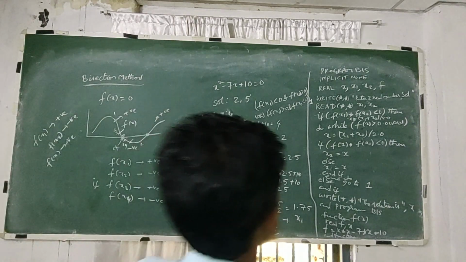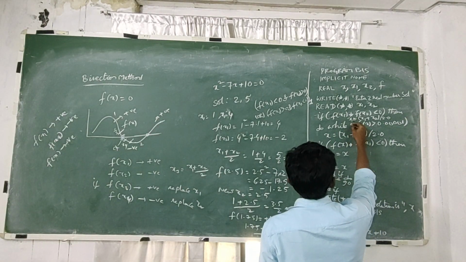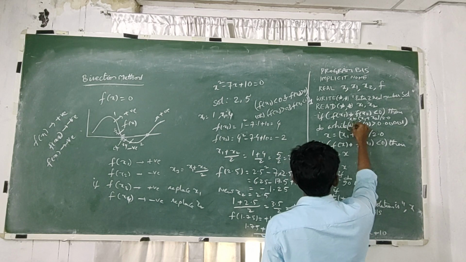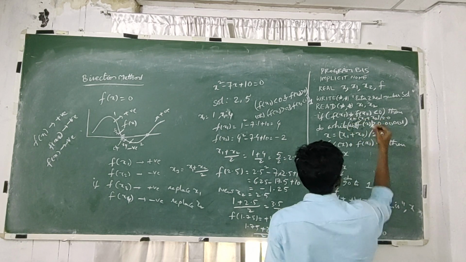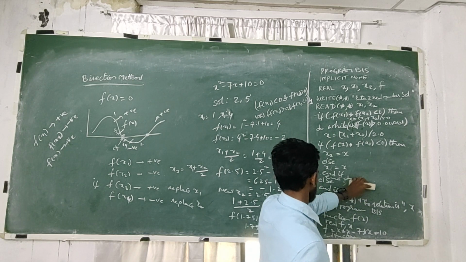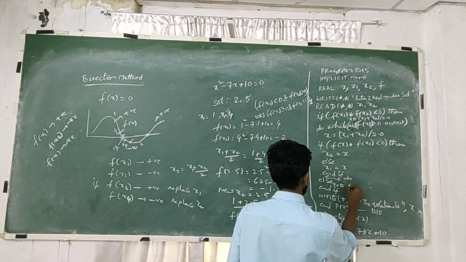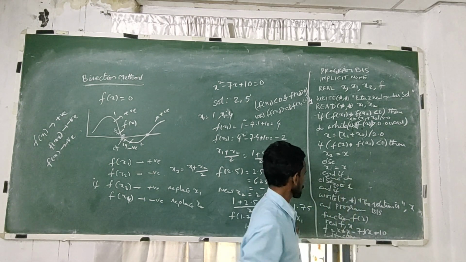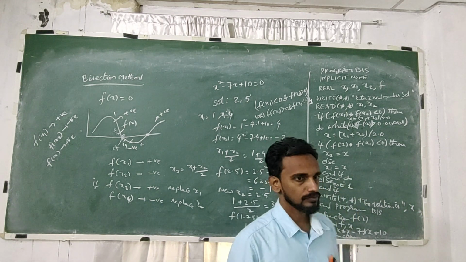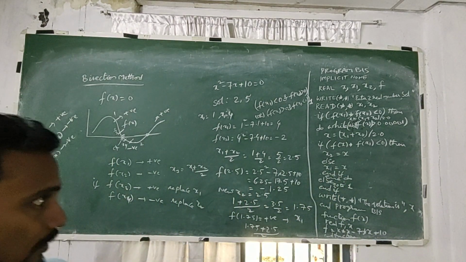So one thing that we missed here is we have to consider the absolute value of f of x. This one should be in the next line. That's all.